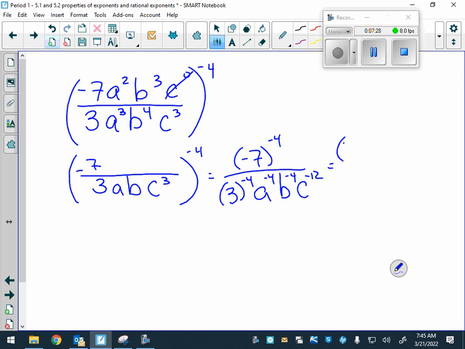Okay? And I have it in parentheses, especially for the negative 7, because you have to raise the negative 1 to the 4th as well. Okay? All right.